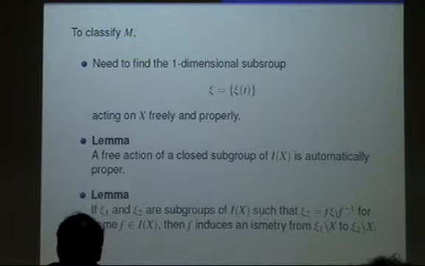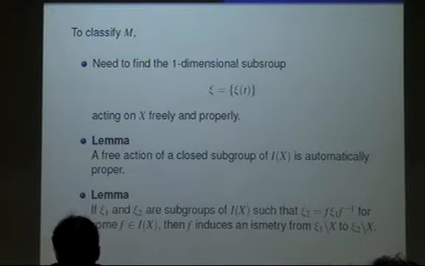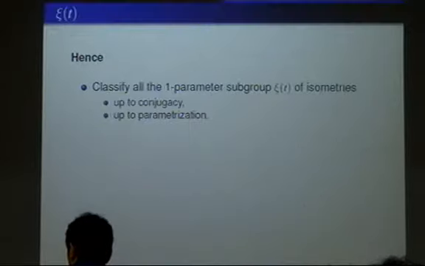The next lemma says that to classify the one-dimensional subgroups, it's enough to classify up to conjugacy. What I mean is that by this lemma, if there are two subgroups of the isometry group which are conjugate, then this element g induces an isometry between the base orbit surfaces. So it's enough to classify up to conjugacy to get the one-dimensional subgroups.